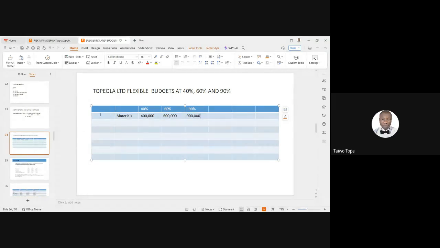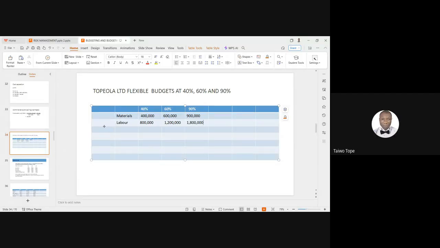Fine. The value of labor at 40% is what? 800,000. At 60% is what? 1.2 million. At 90% is what? 1.8 million.